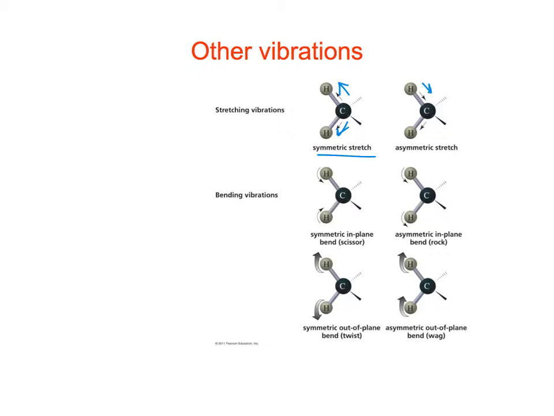Or one could be coming in while the other one would be going out. These are asymmetrical stretches. They can be coming together and scissoring, like bending like scissors. Or this one's called a rocking, where they're both going together back and forth. And these bottom two are bending out of the plane. So I think they're bending sideways or back and forth like this.